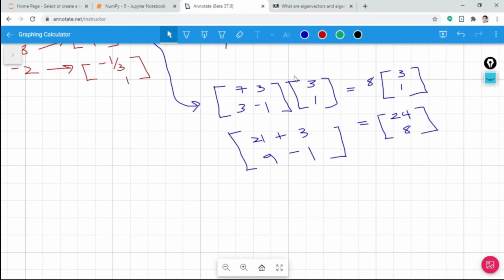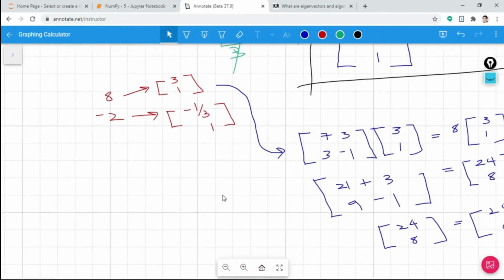If you can see, we have the same equivalent value. This one is 24, this one is 24. So 24 over 8 is equivalent to 24 over 8. Okay, so this one is the same.